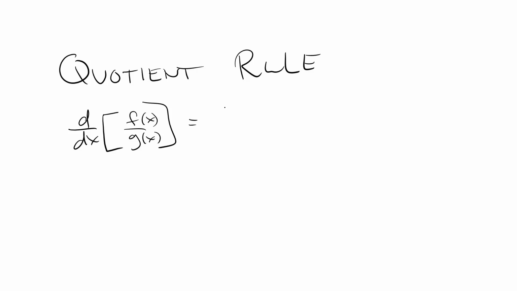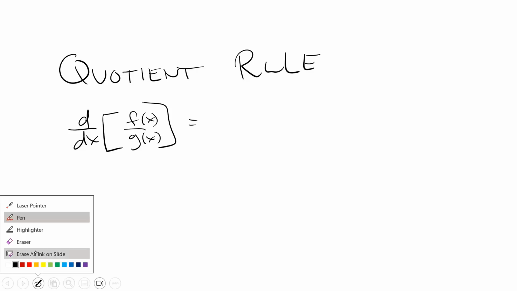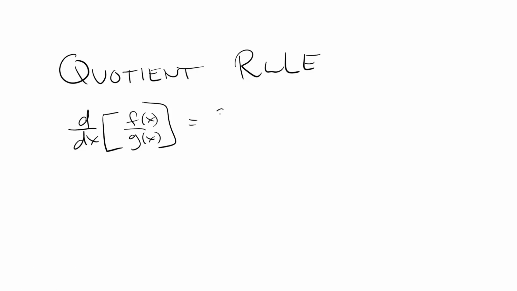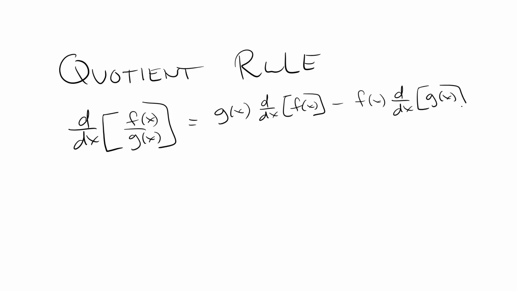So what we do is we take the bottom function times the derivative of my top function, minus my top function times the derivative of my bottom function, over my bottom function being squared.